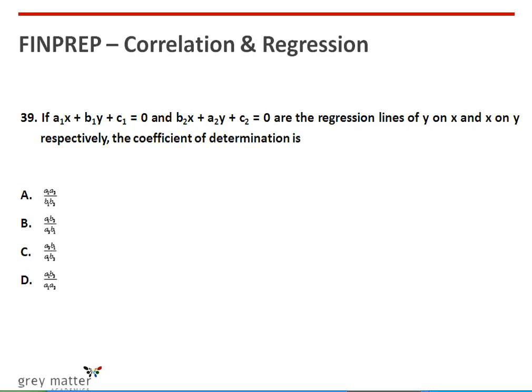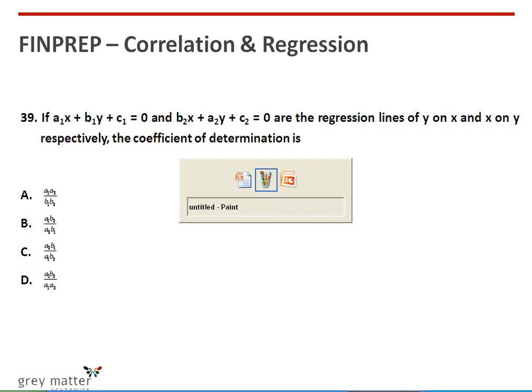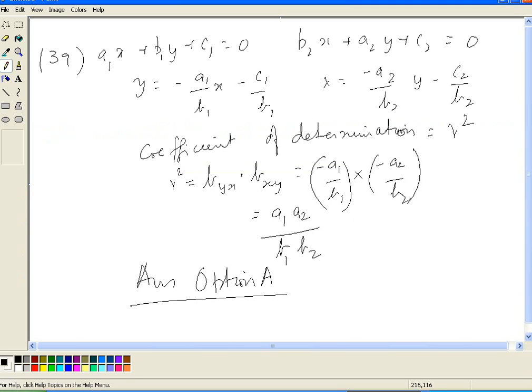39th question: if a1x plus b1y plus c1 equals 0 and b2x plus a2y plus c2 equals 0 are the regression lines of y on x and x on y respectively, the coefficient of determination is found as follows. a1x plus b1y plus c1 equal to 0, so y is written as minus a1 by b1 x minus c1 by b1.